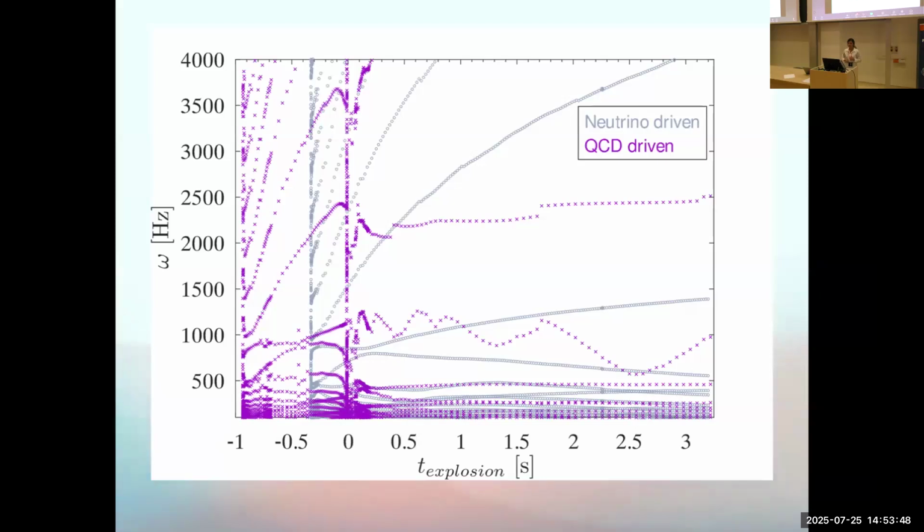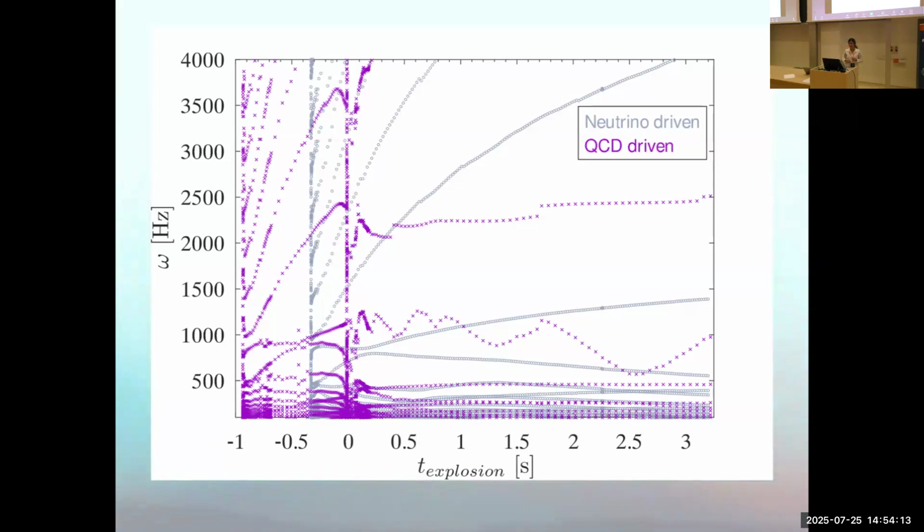You see that it starts from less than 500 and then reaches somewhere around less than 1,500 after 3 seconds from explosion. While for the QCD driven, we see the same feature starting from less than 500, the avoided crossing, and then at some point we have the QCD phase transition. So then there is a sudden jump in the frequencies, and then the fundamental mode continues here.